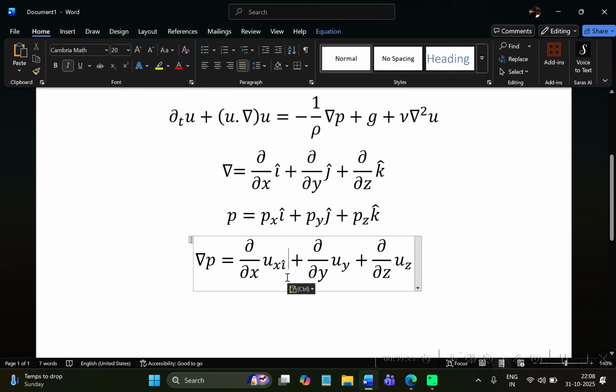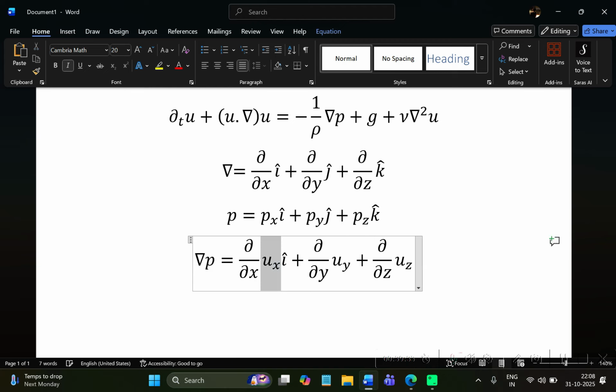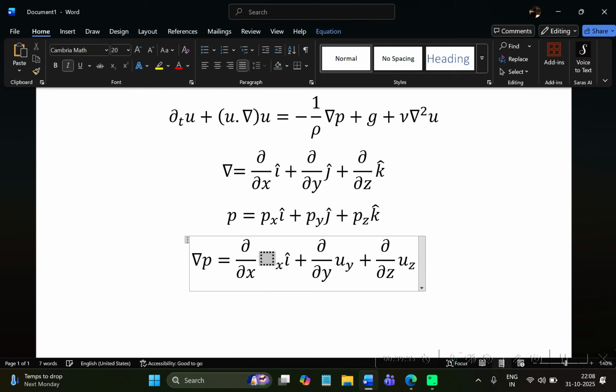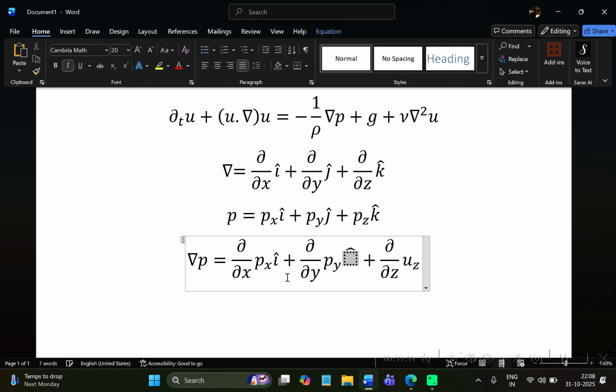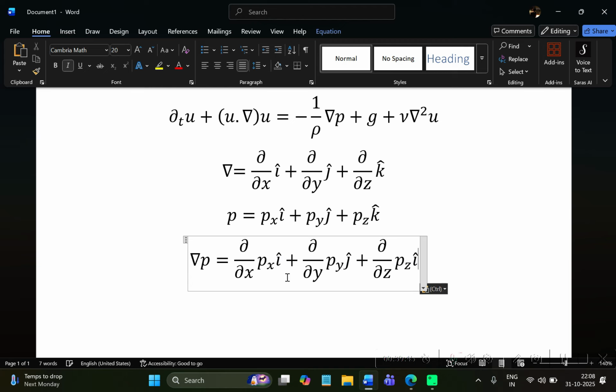So then you will have del x px i cap. Sorry, p here, and you can just do this. And you have j cap here, so make it j cap, and you have k cap here, make it k cap.